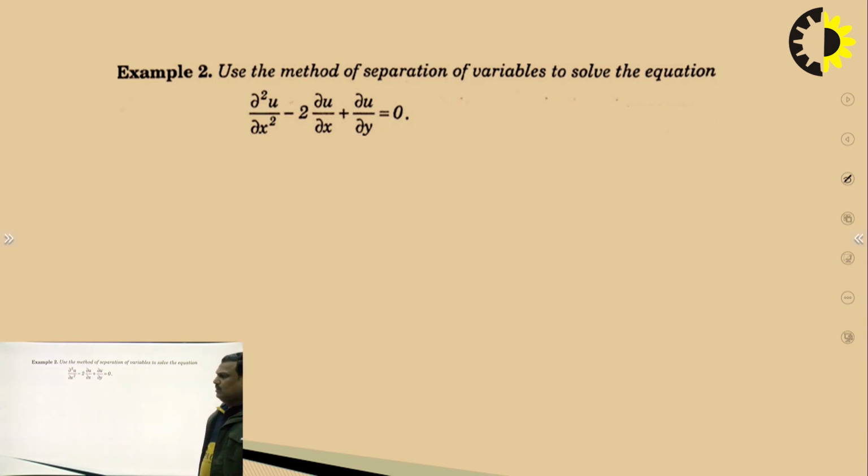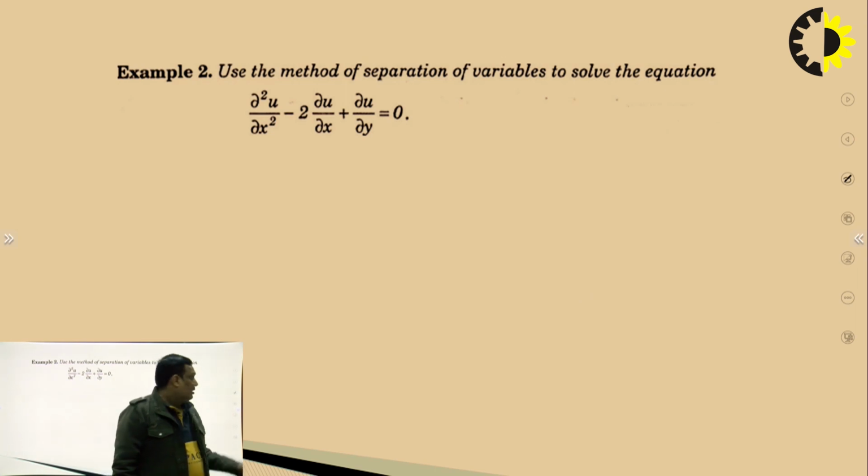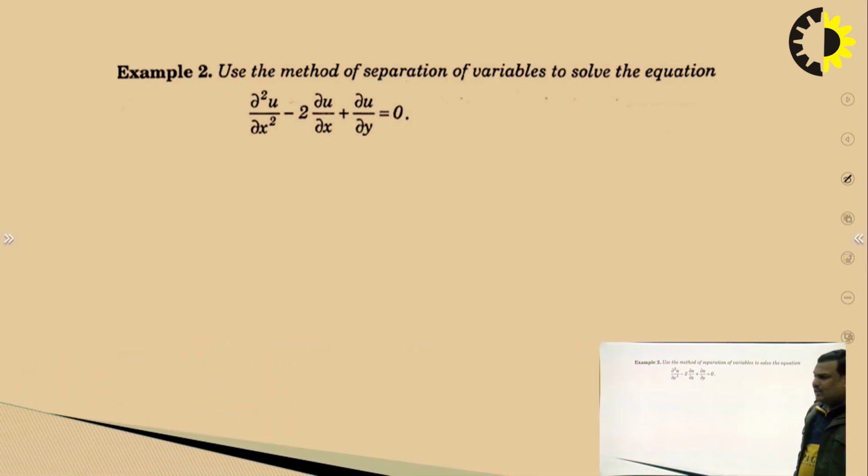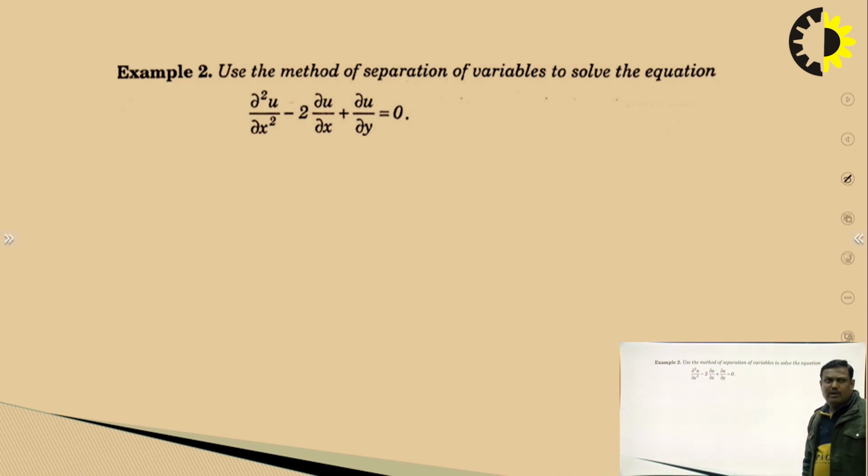Now, next example: use the method of separation of variable for solving a second order differential equation. Earlier I discussed a first order differential equation; here it is a second order differential equation. del 2u upon del x square minus 2 del u upon del x plus del u upon del y equal to u. Here the independent variables are small x and y.